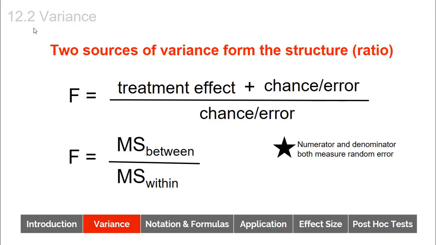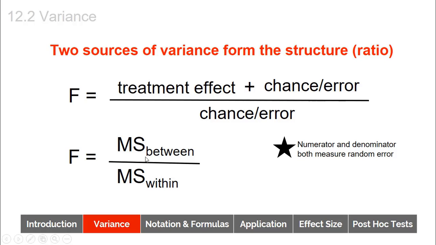So these two sources of variance form the structure for the F score. And if we take a look at it, we have the mean squares between, the variance between, divided by the variance within.